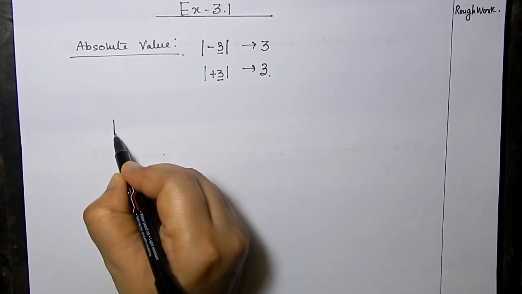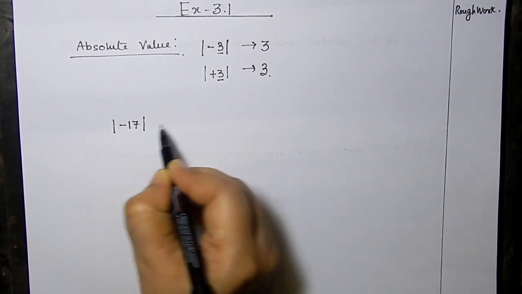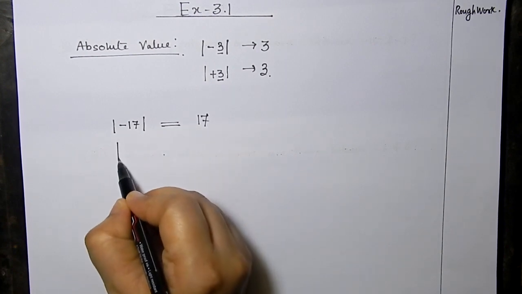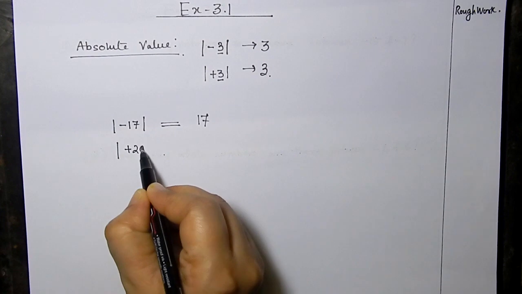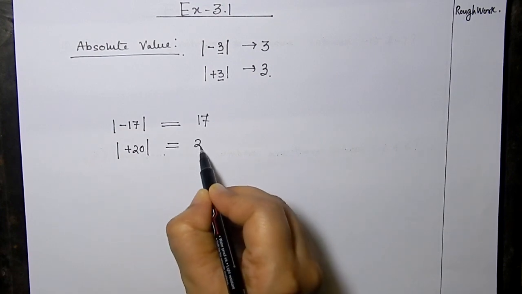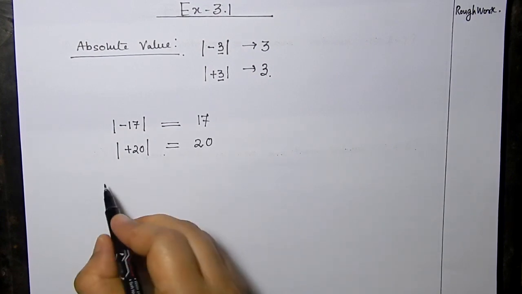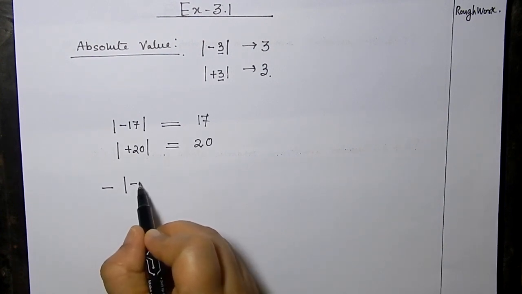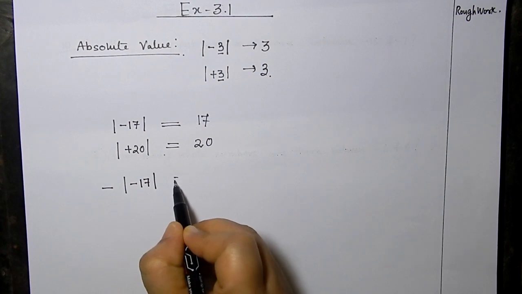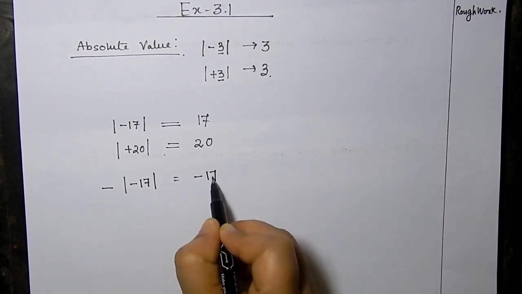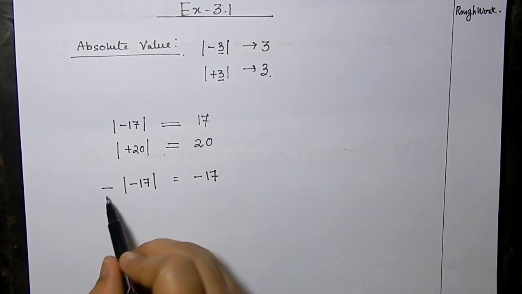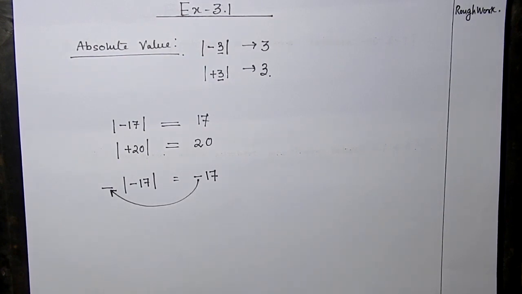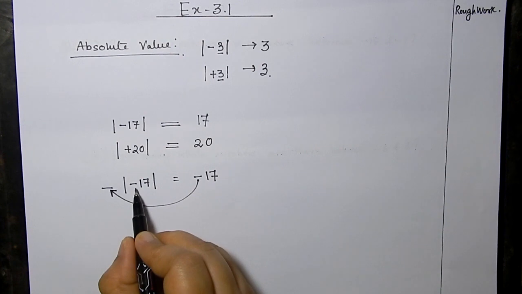If I say -17, so what is the absolute value? Only 17. Absolute value of +20, it will be only 20. But if I write minus of absolute value of -17, this will be -17. Why? Because this negative sign is given, not because of this.